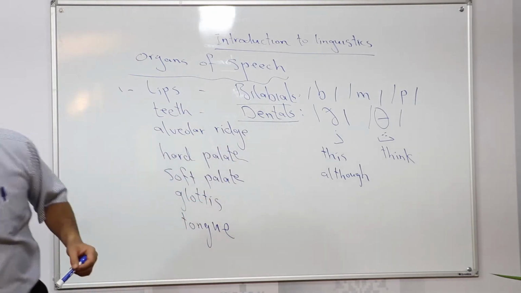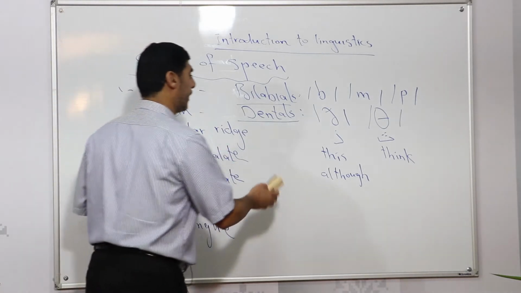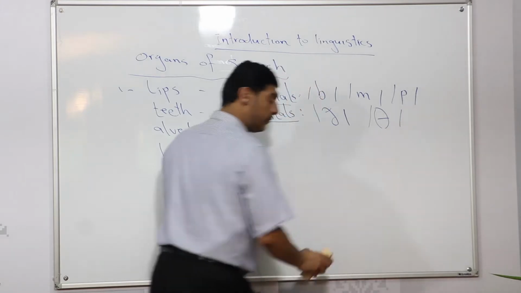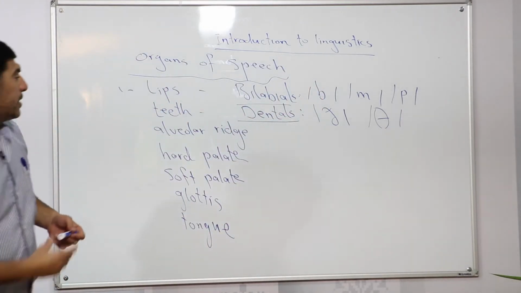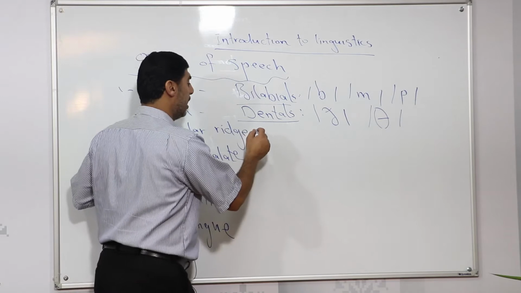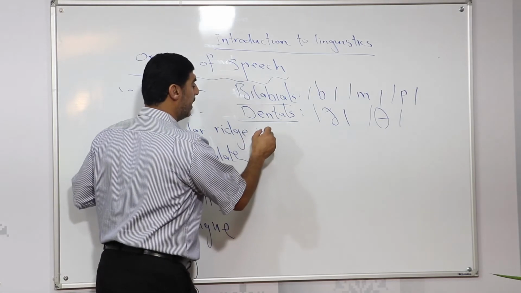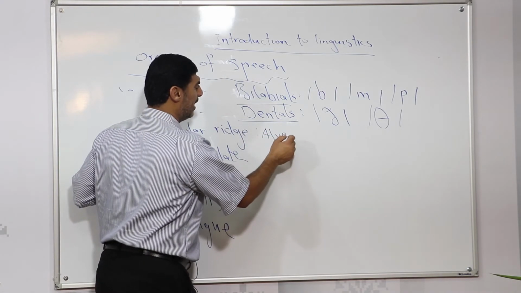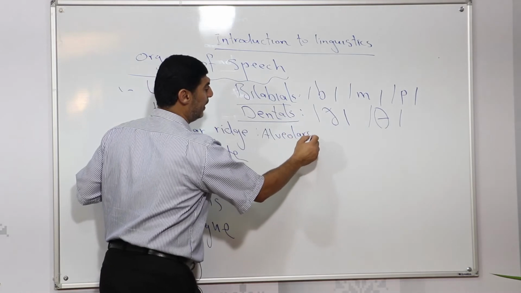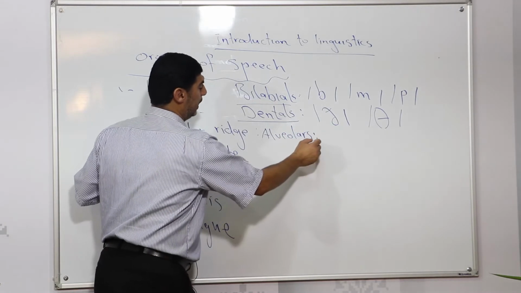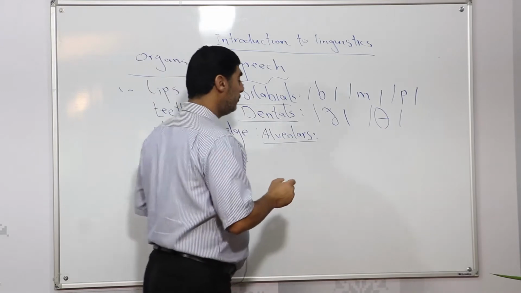I'm going to explain them. We call the sounds produced at the alveolar ridge alveolars, alveolar sounds.